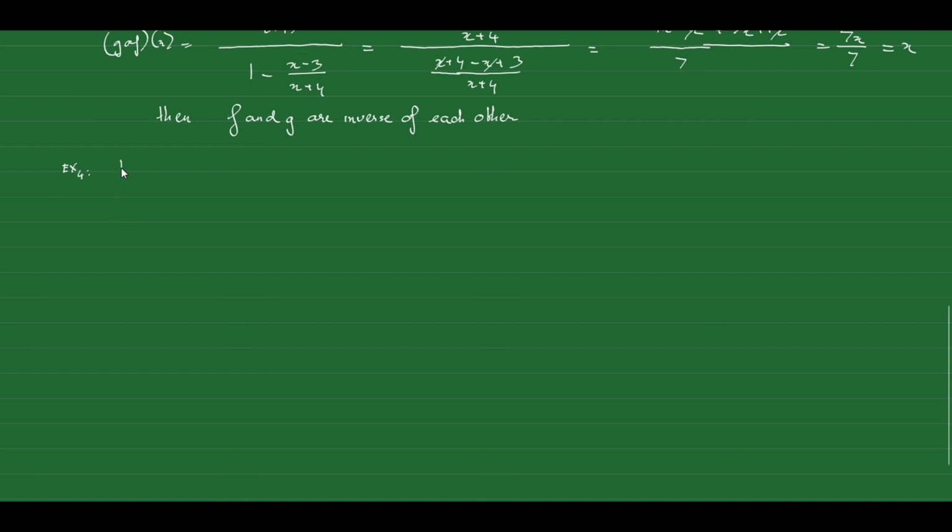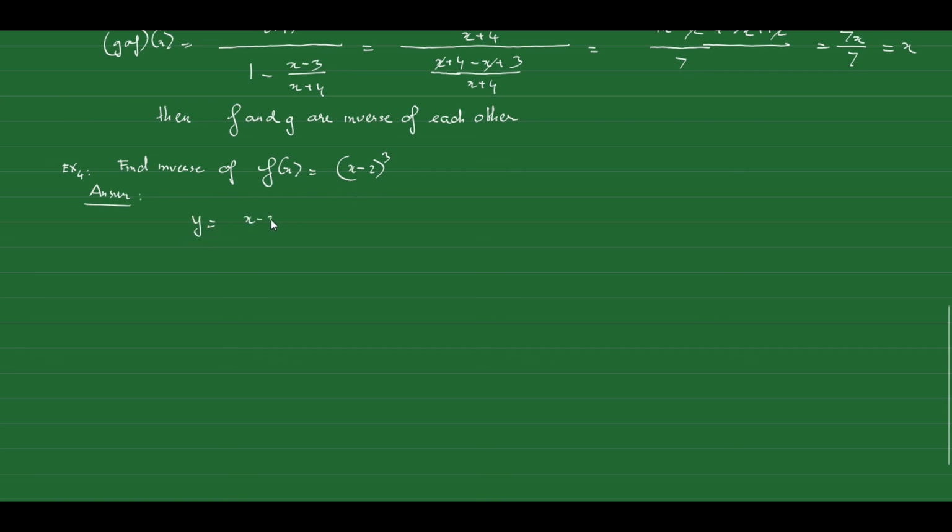Alright, find the inverse of the function f of x equals (x minus 2) squared. So in order to find the inverse, the first thing you have to do is change f of x into y.